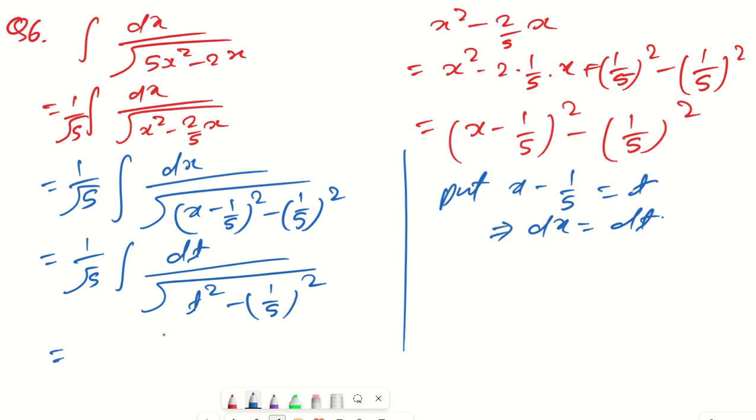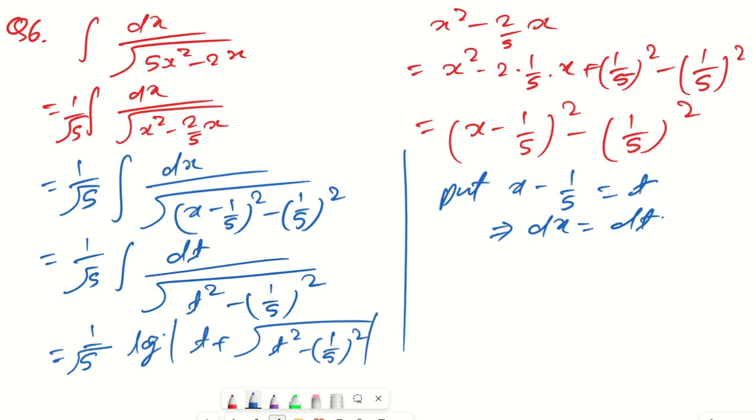Now you can write it by yourself, a square root of x square minus a square kind of term. So the integral was log of x plus square root of x square minus a square. So we can write it down as 1 by square root of 5 into log of t plus square root of t square minus 1 by 5 square plus some constant c.